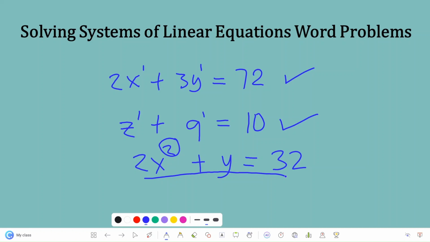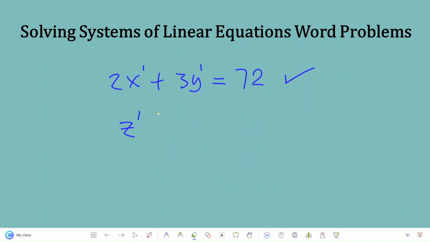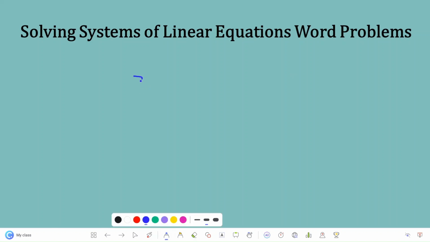Ano naman ang systems of linear equation? Ang systems of linear equation ay composed of two or more linear equations na magkaparehas lang ang variable. Say for example, 3c plus a is equal to 7.